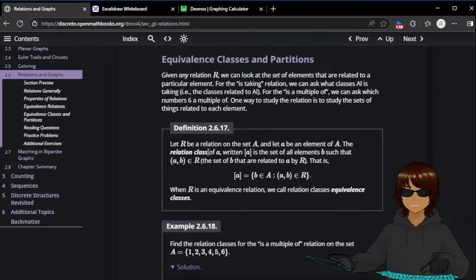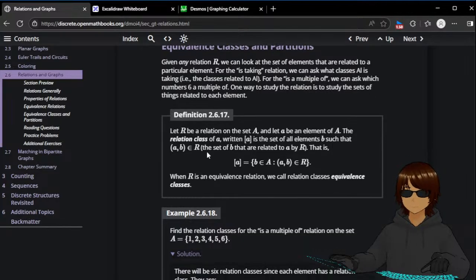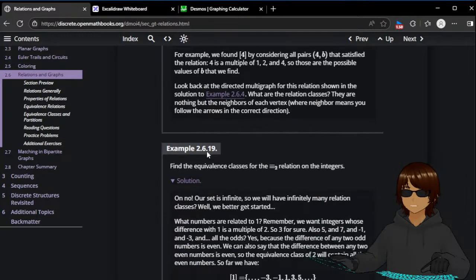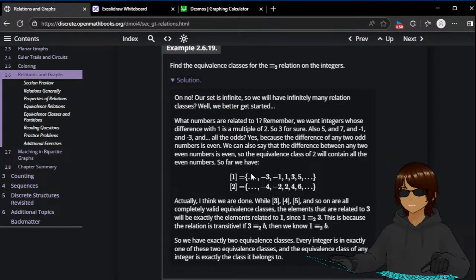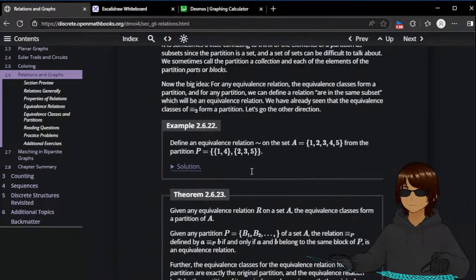Set A. This set which the relation is acting on, what do you call that set? I'll call it the input set. So the relation class 1 and relation class 2 together make the partition of the input set.